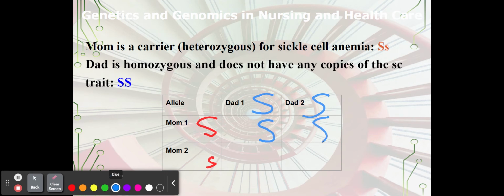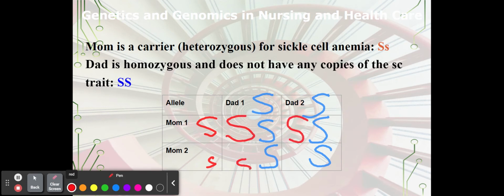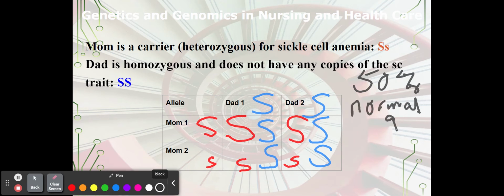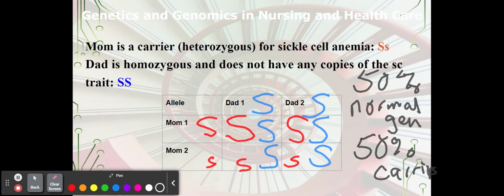If we fill out our Punnett squares correctly, take your time with it, you'll see that in the end, we have big S, big S, big S, big S, 50% normal genotype. And 50% have big S, little s, and 50% are carriers. They have the sickle cell trait, but not the disease.